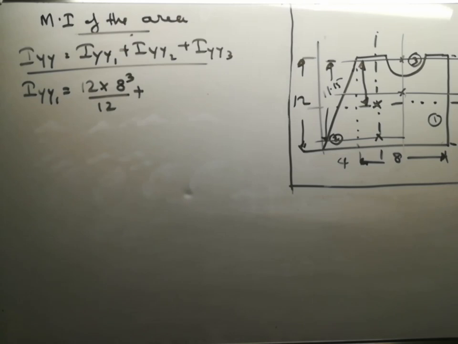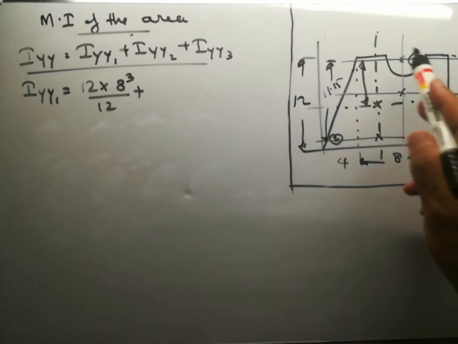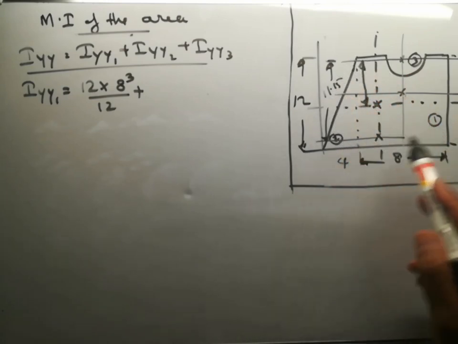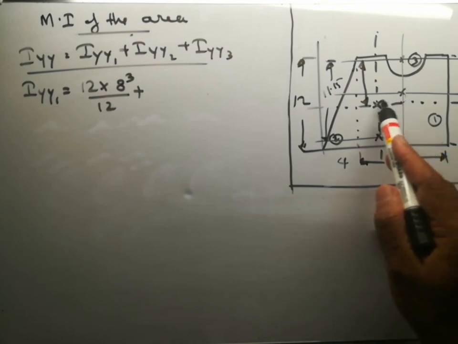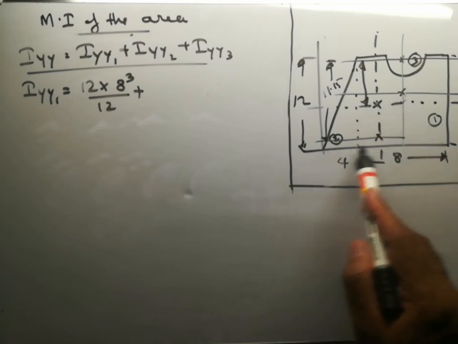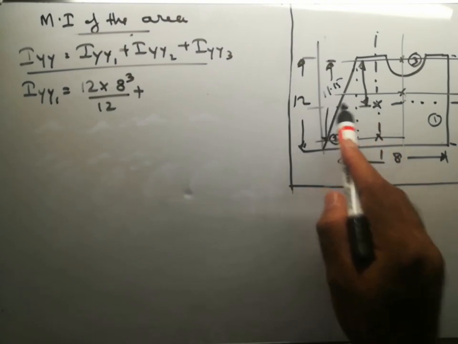What is the distance from the centroid? The centroid of the complex area is this one. So the distance will be this thing, that is 8 plus 4, 12 minus x bar.